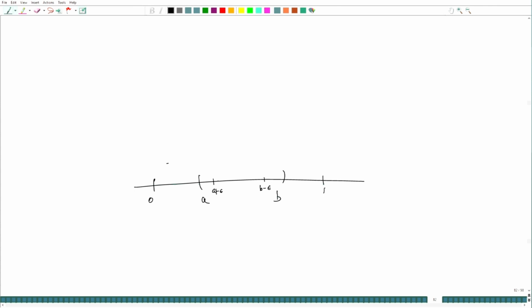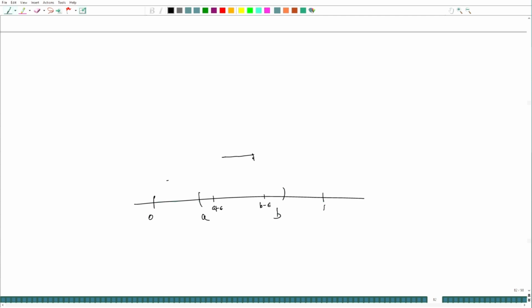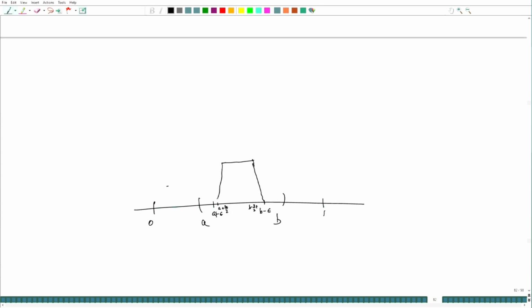I take the value 1 in between and drop it linearly. Let us say this is a plus 3 epsilon by 2 and this is b minus 3 epsilon by 2, and it takes the value 1 in between, and outside it is 0.